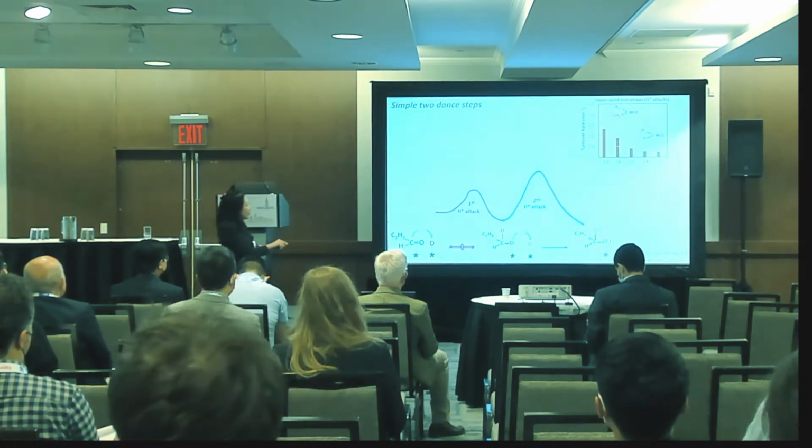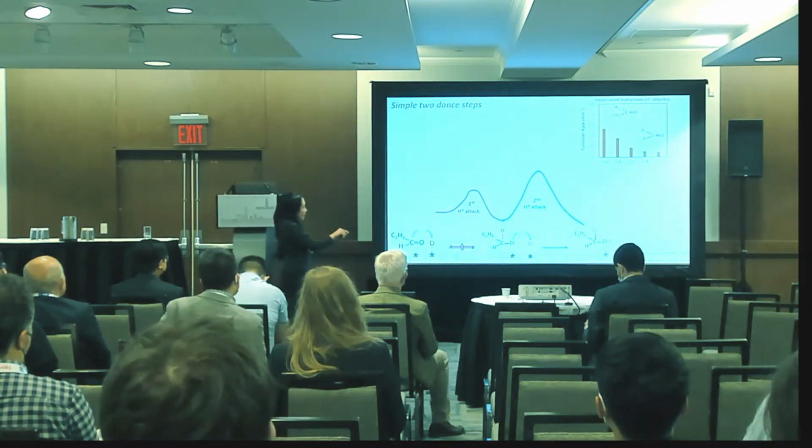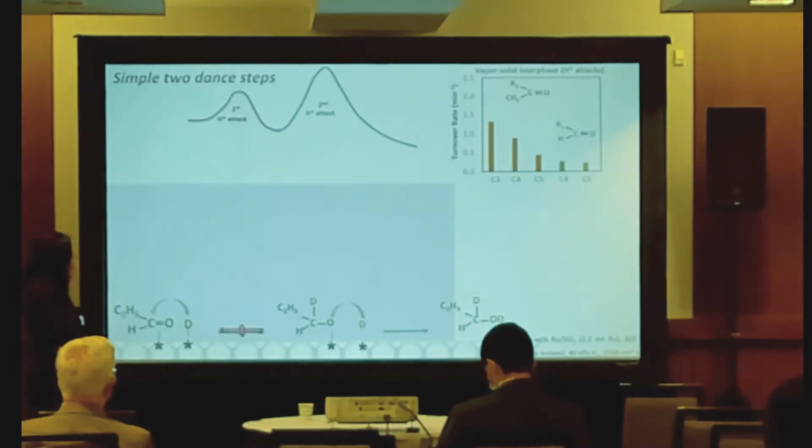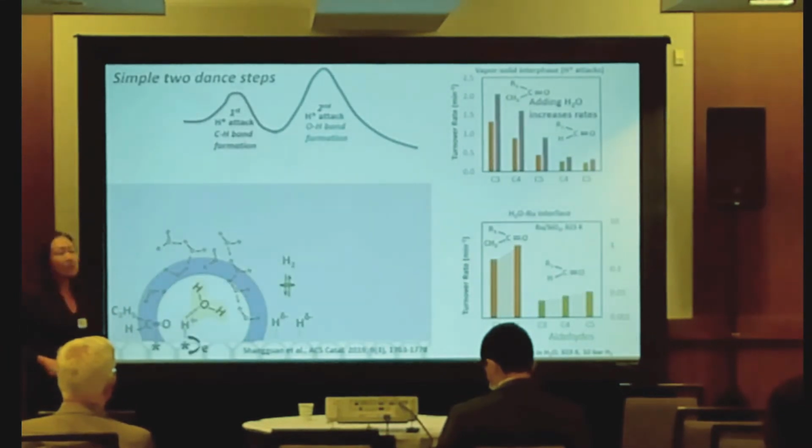These are the turnover rates as a function of different carbon atoms. But more importantly, when we immerse this reaction all the way into liquid water, a new situation happens. It gives us a water-ruthenium interface, a different, reversed trend.